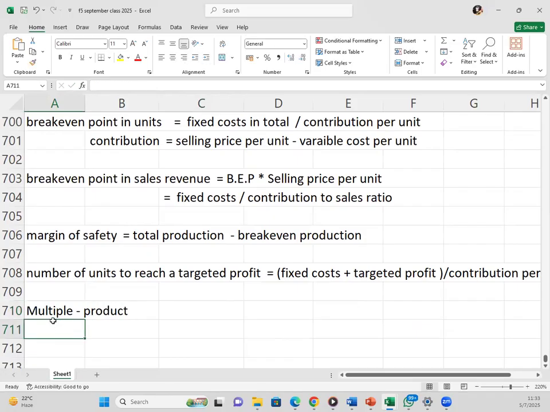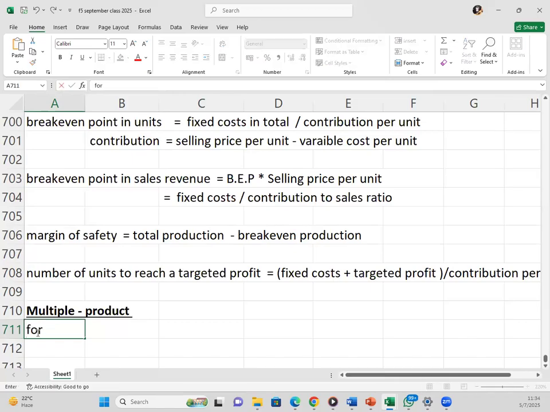If it's now multiple products, it means we're not just dealing with one product, we are selling different products. So if we are dealing with different products, the rule is there must be a constant sales mix. The ratio at which you are selling the products must be the same.